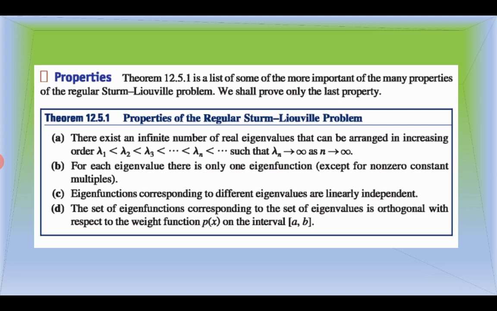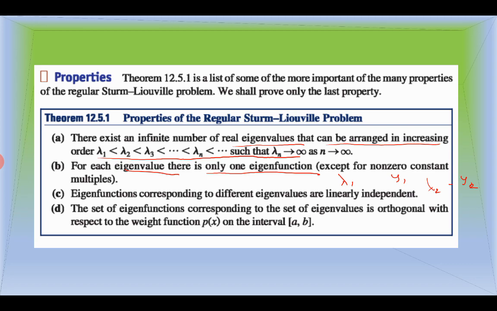Some properties have been listed here. There exists an infinite number of real eigenvalues that can be arranged in increasing order, such that lambda n approaches infinity as the number of eigenvalues goes to infinity. For each eigenvalue, there is only one eigenfunction: if lambda 1 is there, there will be one y1; for lambda 2, we will find only y2, except for non-zero constant multiples.